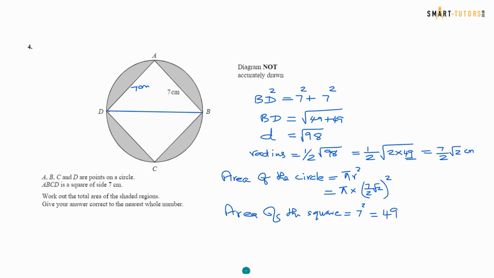So the shaded area equals, sorry, it must be the other way around: area of the circle, pi times 7 over 2 root 2 whole thing squared, pi r squared, minus 49 is the answer.